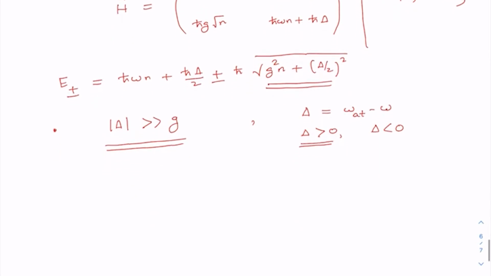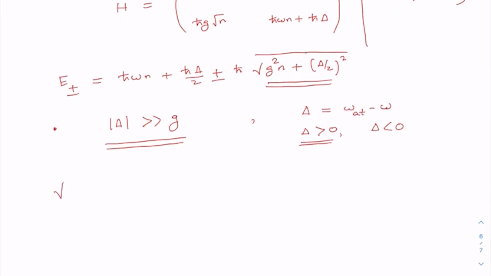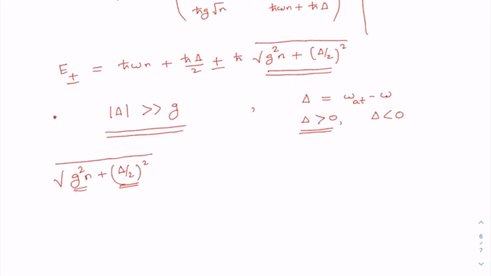Let me now, in that regime, expand this expression under the square root. Ω²n is much smaller than (Δ/2)², because Δ is much larger than this quantity. So let me pull it out, and if I pull it out, then I have |Δ|/2 here, and I put the modulus because Δ can be less than 0 or greater than 0.